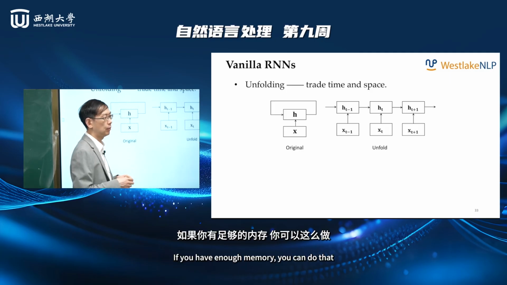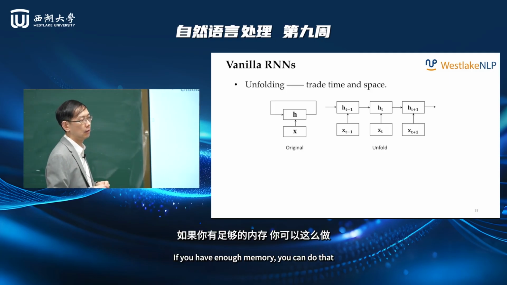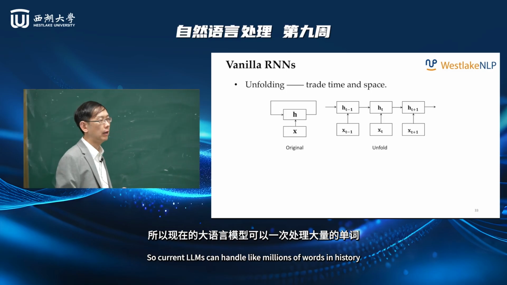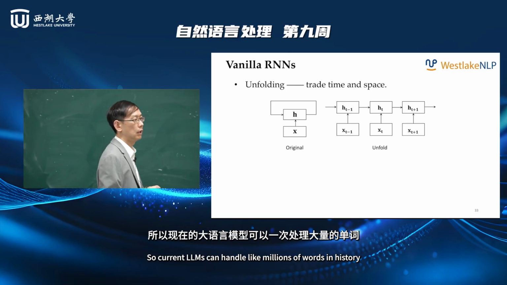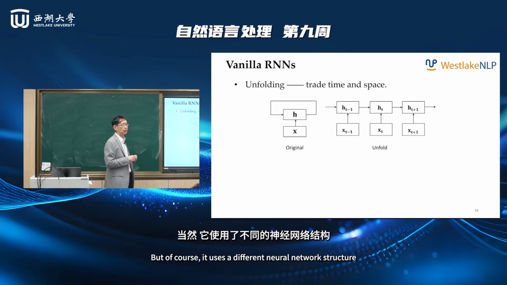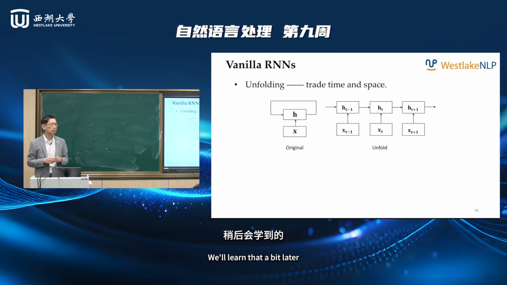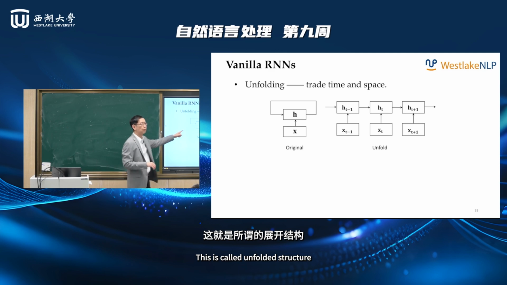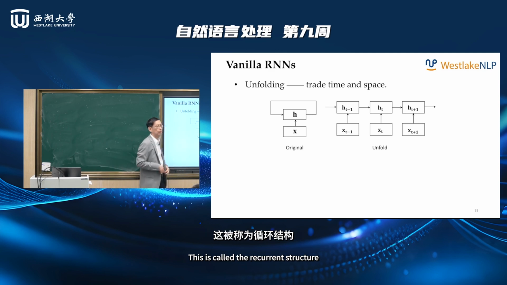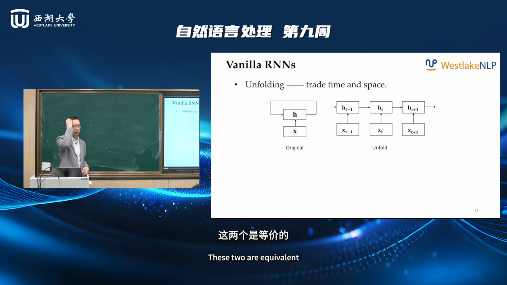Current LLMs can handle millions of words in history, but of course, they use a different neural network structure. We will learn that a bit later. So this is called the unfolded structure. This is called the recurrent structure. These two are equivalent.